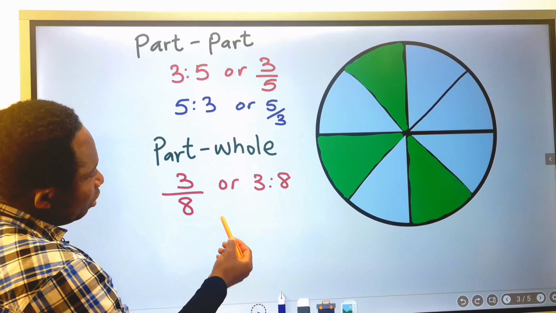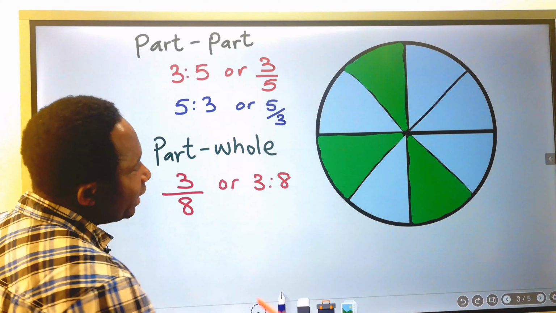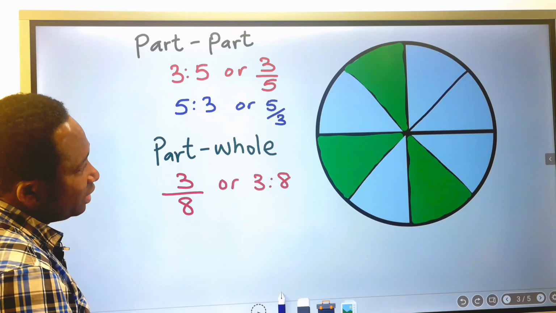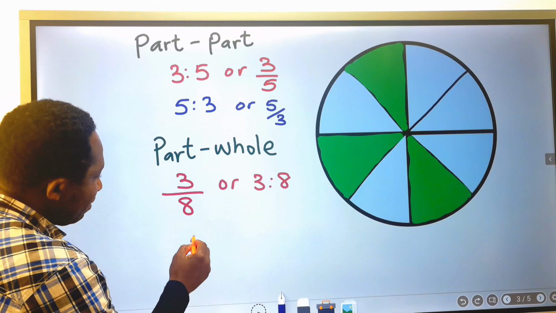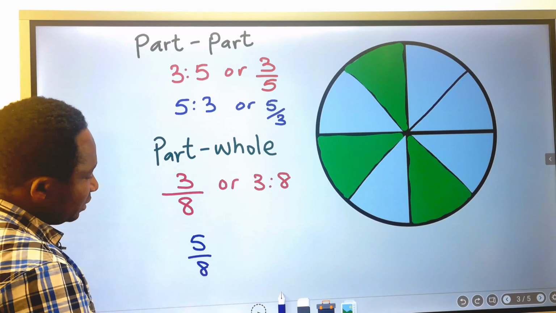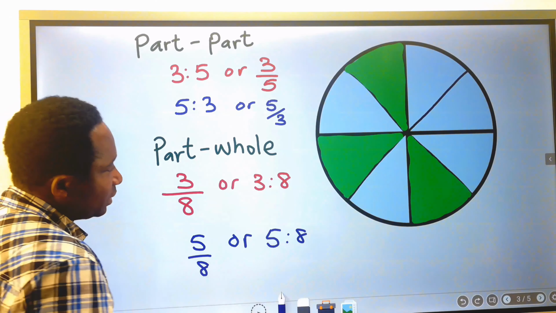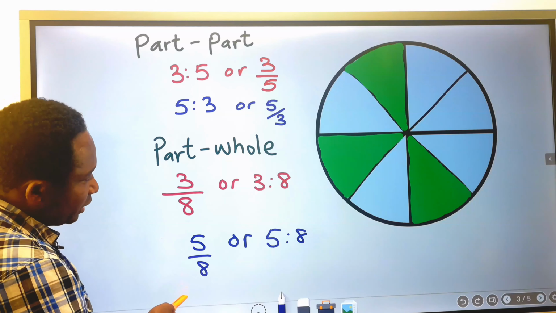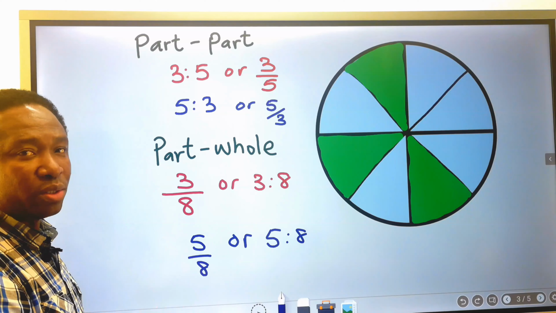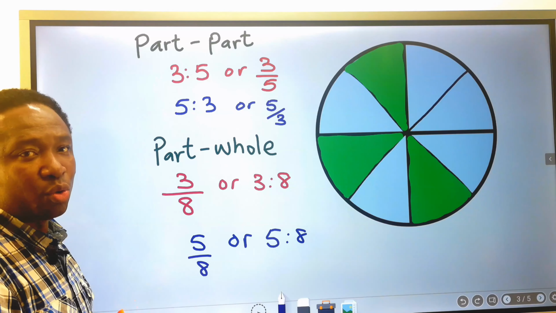Likewise, if we consider the unshaded portion, we are going to have 5 to 8. 8 was mentioned because we are considering part to whole.